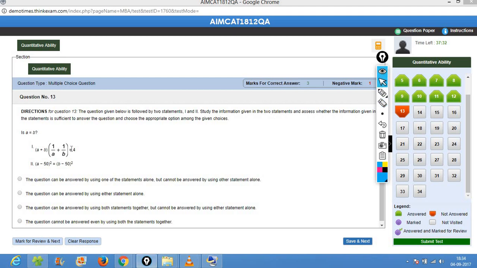Next, this part. Okay, data sufficiency question. Awesome, nice. Let's see. Is this sufficient to answer the question? Choose the appropriate option among the given choices. Is A equal to B? Let's see what the first statement says.